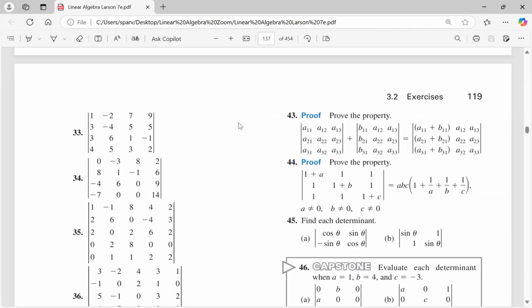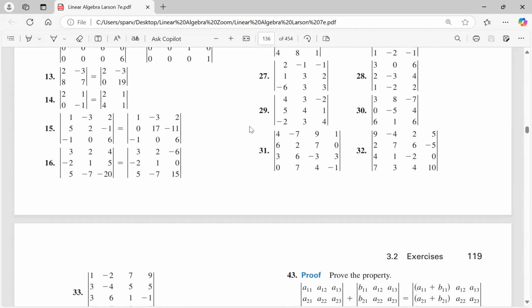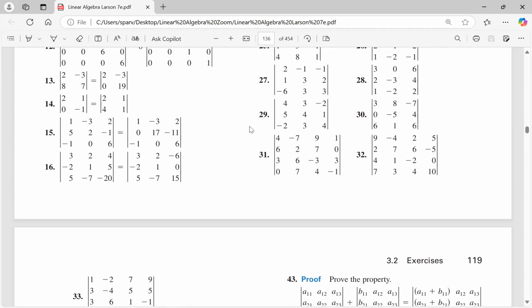So for instance, let's take a look at maybe number 32. I'm going to write down number 32 on my notepad and we'll do that one. We're looking at section 3.2, number 32.